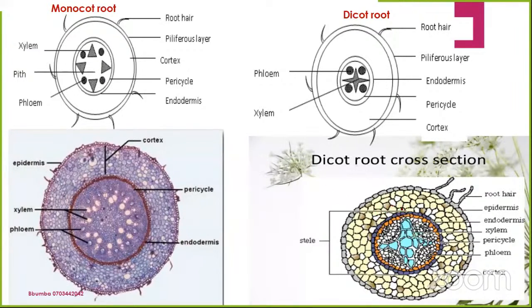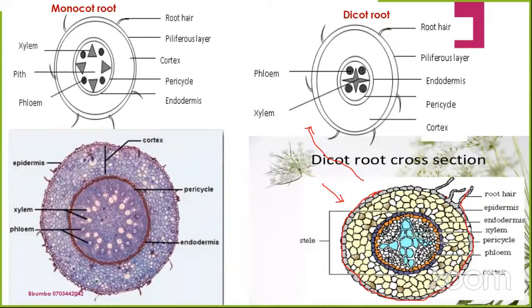But after seeing this, this is not what we draw. This is what you see in a microscope. We extract what we call a tissue plan, and this is what we draw. Just layers. You can see that this is the outer layer, the epidermis, or you can call it the piliferous layer. It is having two layers like that, and root hairs on it.